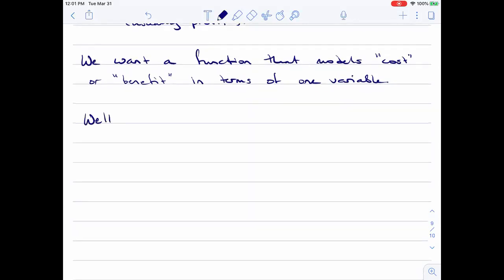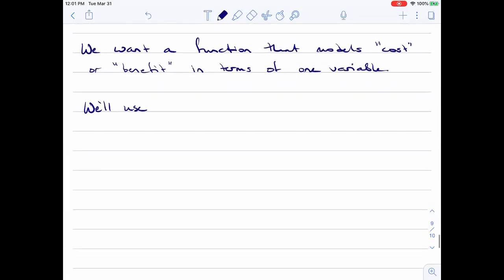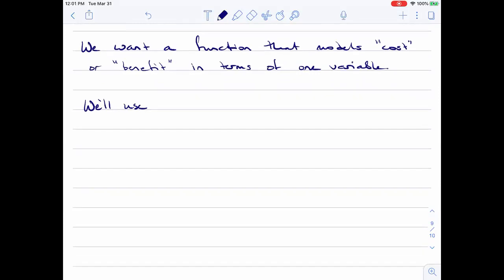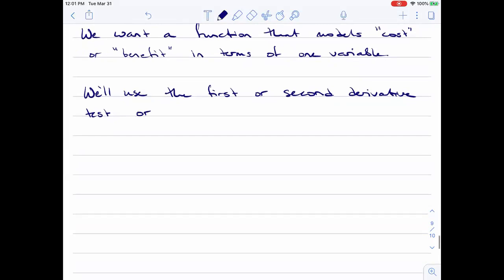Then we'll use the first or second derivative test, usually the first will suffice, or the closed interval method.